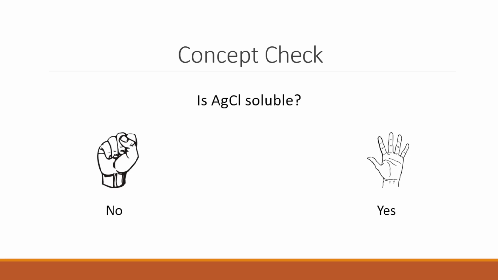Silver chloride is insoluble. It is not soluble. Chloride is normally soluble, but silver is one of the exceptions, making this combination insoluble. What about lithium sulfate? Is lithium sulfate soluble or insoluble?